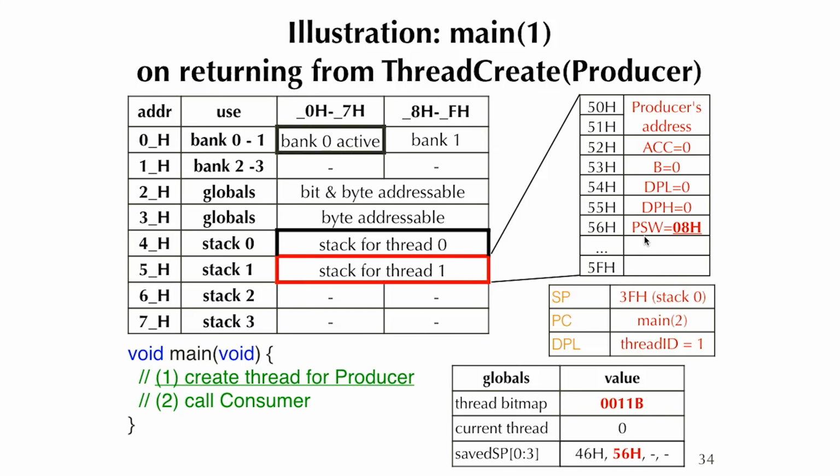So that means bit 3 should be set to 1, bit 4 should be set to 0. In hex, if bit 3 is 1, that's 8 hex, and the upper half byte is 0. So 08 as a bit pattern selects register bank 1, right? And then the rest you don't have anything.